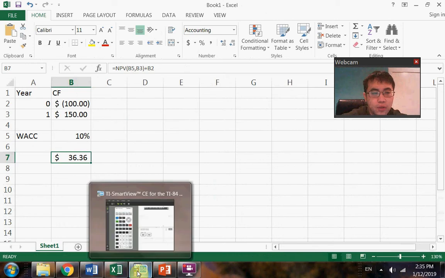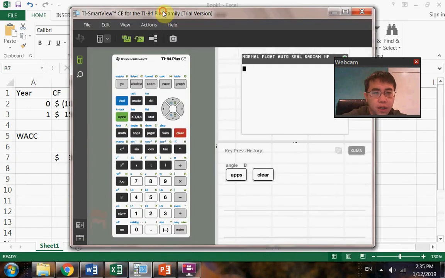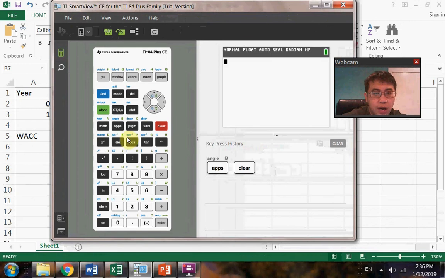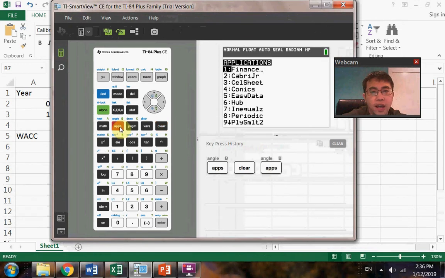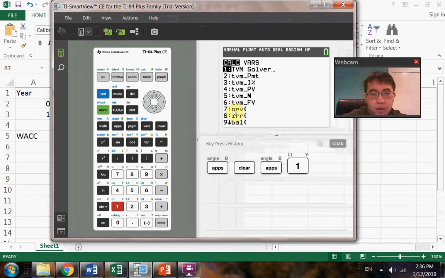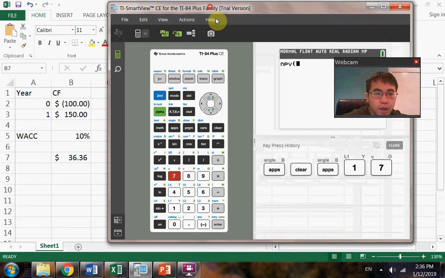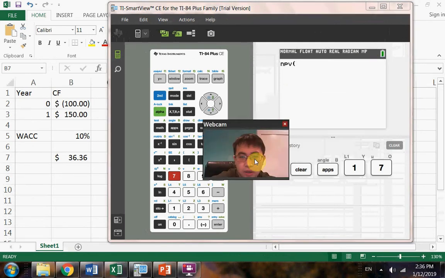And if you want to use your calculator to do the job, just to remind you how to use your calculator for NPV, you hit apps, you hit finance, and then you hit number 7. That's where you get NPV. And your rate is 10%.